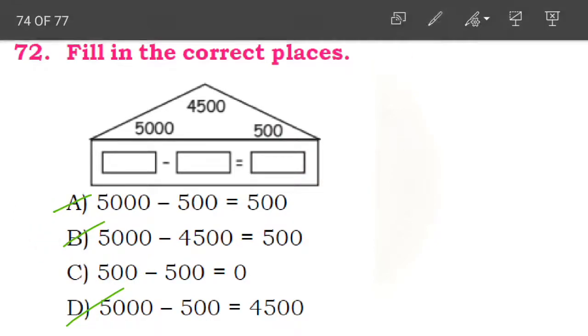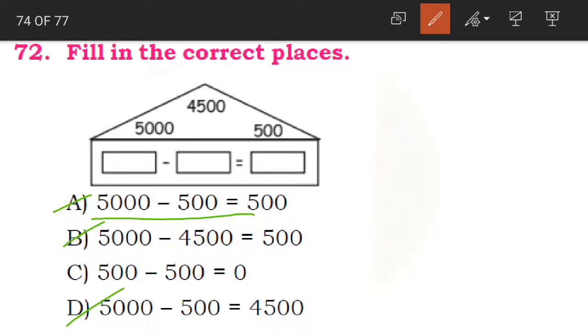Let us look at option number A. 5000 minus 500 is equal to 500. Here we have 3 numbers, that is 5000, 4500 and 500. But in this option A only 2 numbers, 5000 and 500, are used. So option A becomes our wrong option.